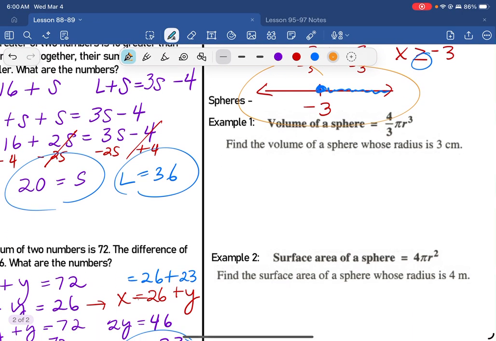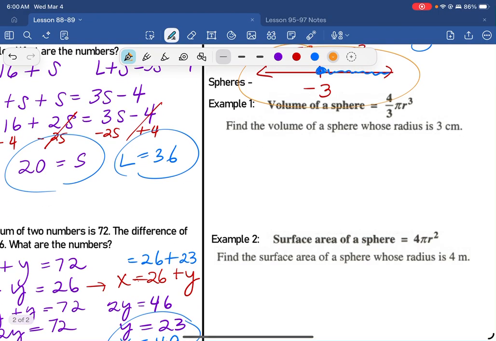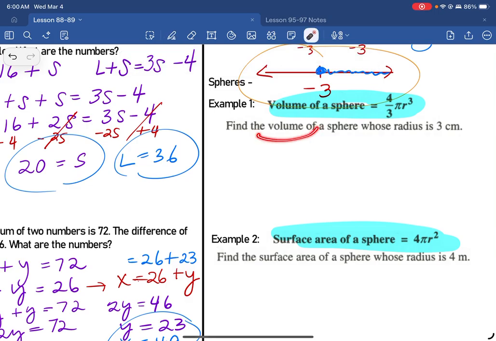All right, part 2, spheres, finding volume and surface area of spheres. You'll want to keep these formulas handy because all you're really doing is plugging in and solving. That's it. They're going to give you all the information you need. See this example here? Find the volume, so we knew to use this one. Later it's going to say surface area, so you'll know to use this one.